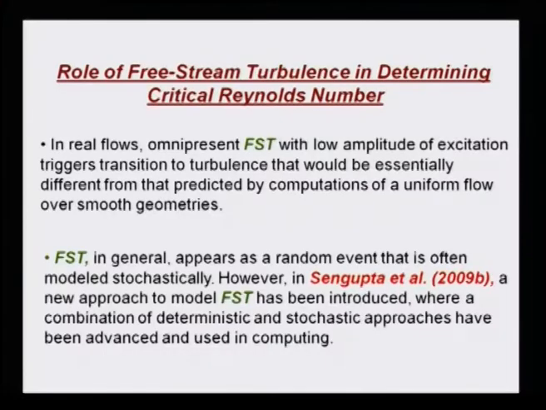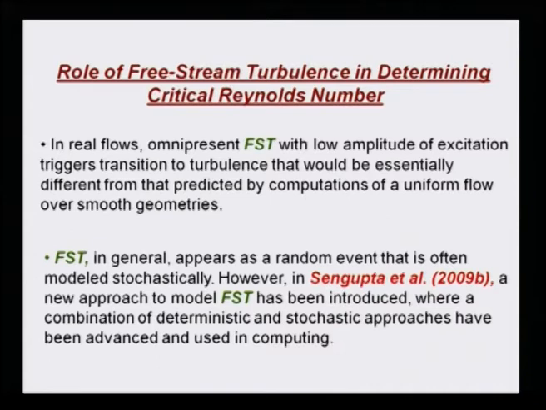So now what I would like to do is move over to find out what the role of this background disturbance is going to be. What is the background disturbance that we can think of, let us say, in a wind tunnel?